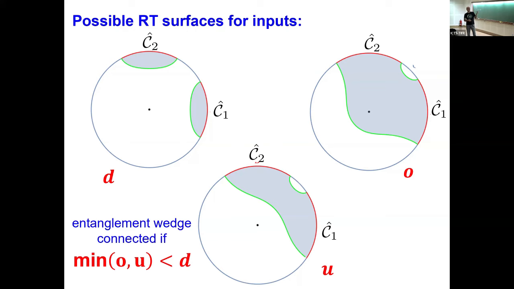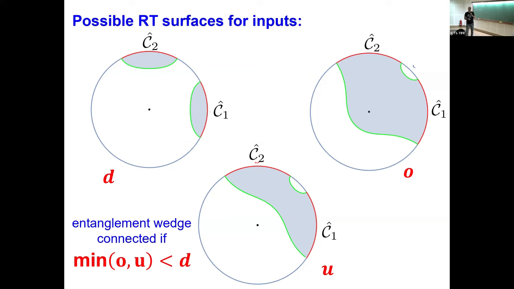And so having a connected entanglement wedge, I'm just going to write that the minimum of O or U, one of these connected phases, is less than the area of the disconnected phase.